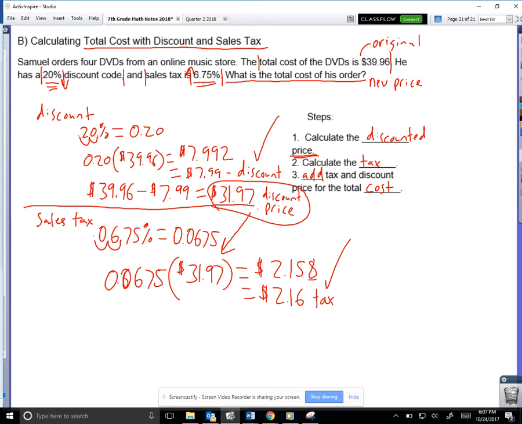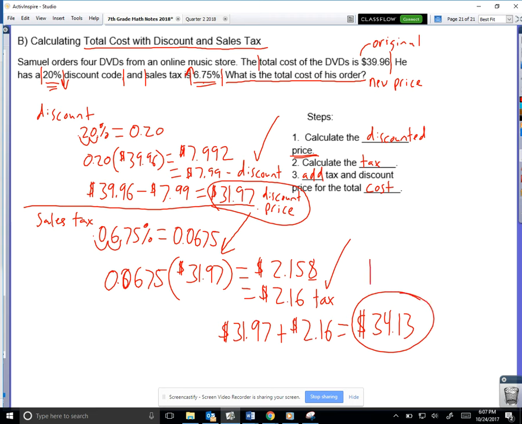All right, so we're going to take the discounted price, $31.97, and we're going to add the tax, $2.16. And when I add that together, this is what he's finally going to pay. He's going to pay $34.13. That's going to be our total cost.